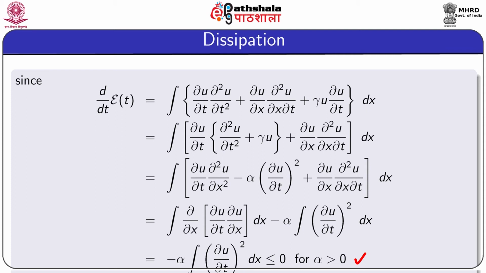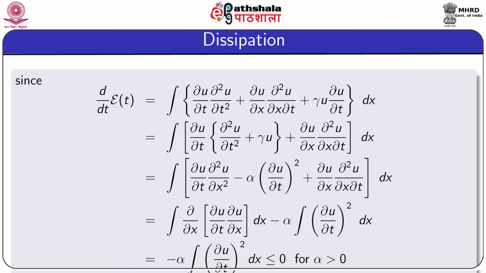The value of the integral of (∂u/∂t)² dx is a positive quantity, and we have assumed that α is a positive number. So, the equation says that dE/dt ≤ 0 for α > 0.